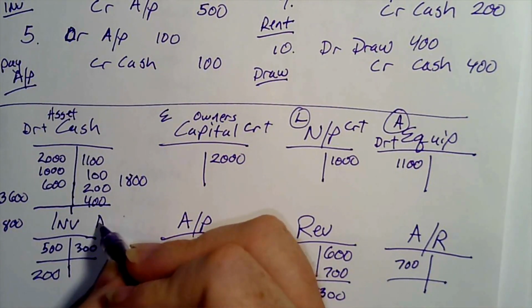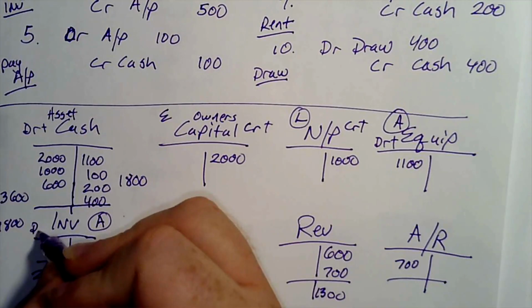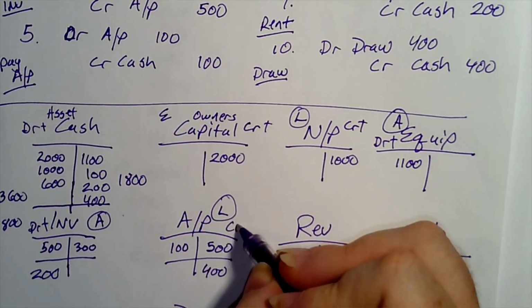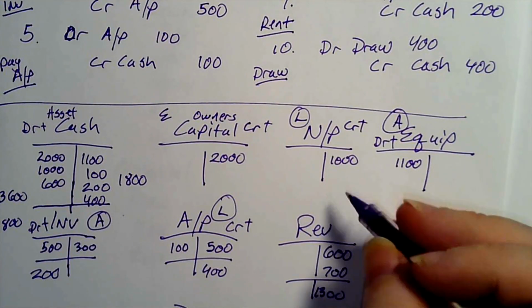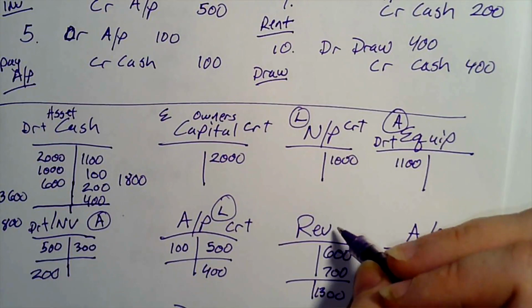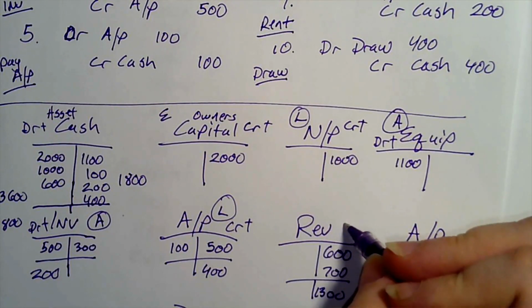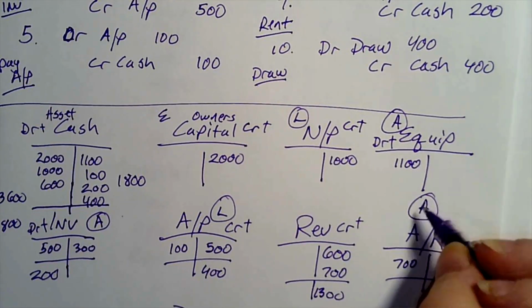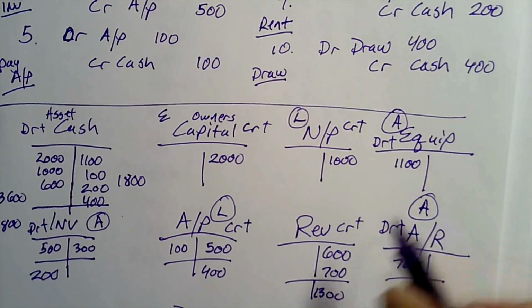Inventory is also an asset account, so increases with a debit. AP is a liability, so increases with a credit. Revenue is similar to equity, and it's its own account, and it increases with a credit. AR is an asset account, and therefore increases with a debit.